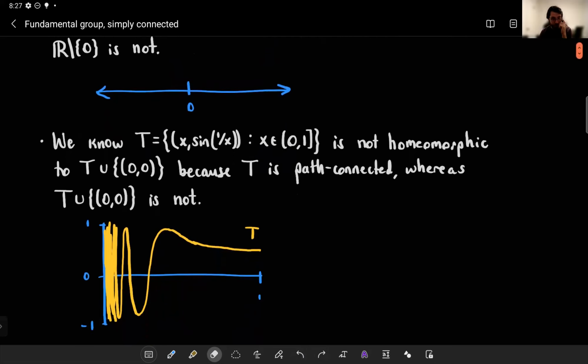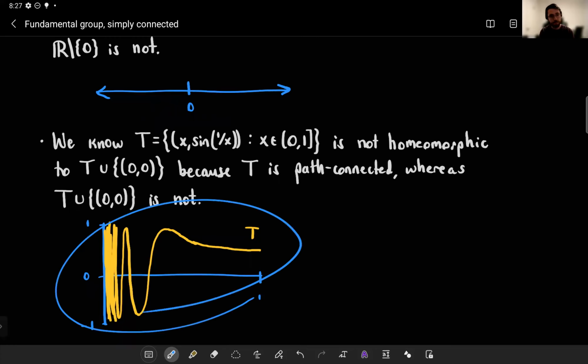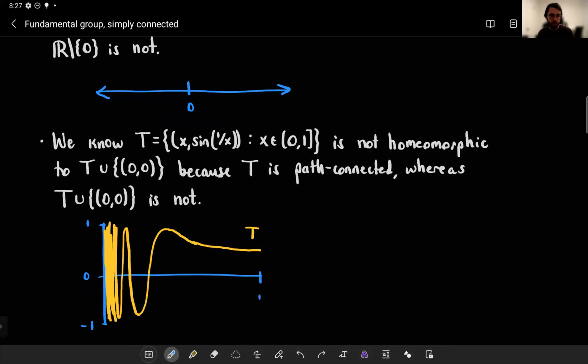Similarly, we could use path connectedness to detect spaces that are not homeomorphic to one another. So you could take the space T, which I'm defining as this thing, just the set of all points in R2 of the form x comma sine of 1 over x. So it's like the graph of sine of 1 over x. Note my domain is the half open, half closed interval from 0 to 1.